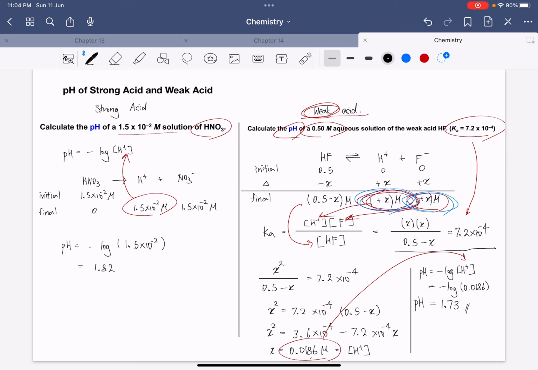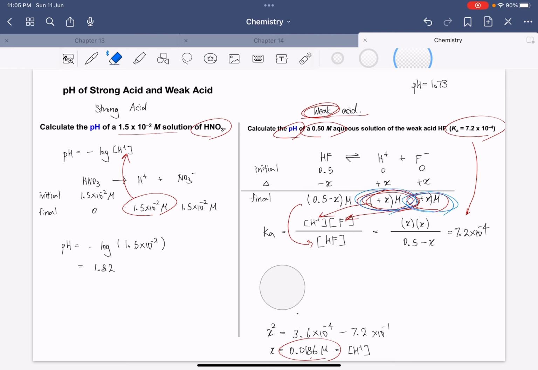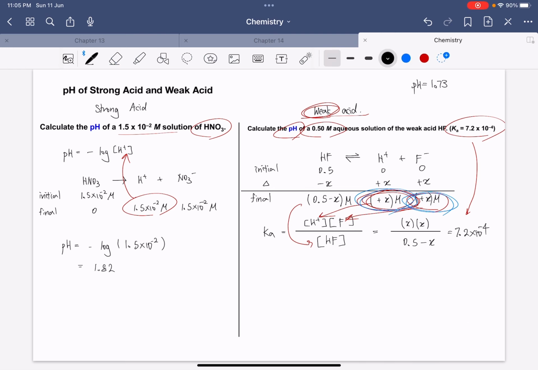But there's a much easier method, which requires one assumption. So I'm going to run through that. I'm just going to write down pH is equal to 1.73, and I'll show you the easier method. So erase this. In this situation, we're going to assume that 0.5 minus x is approximately the same as 0.5.